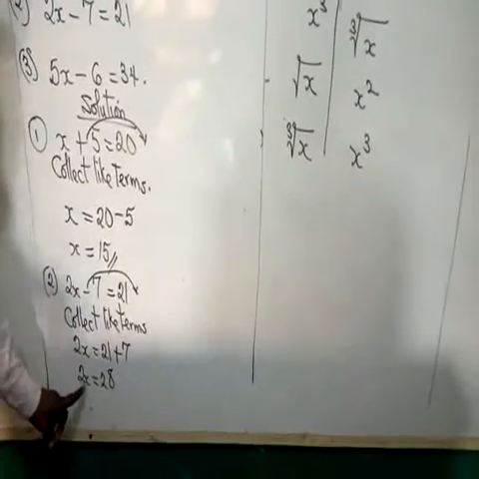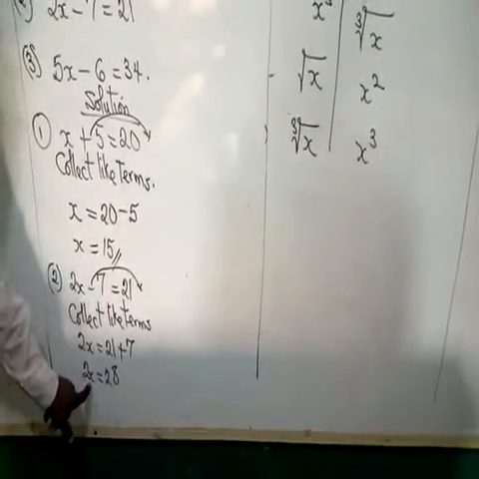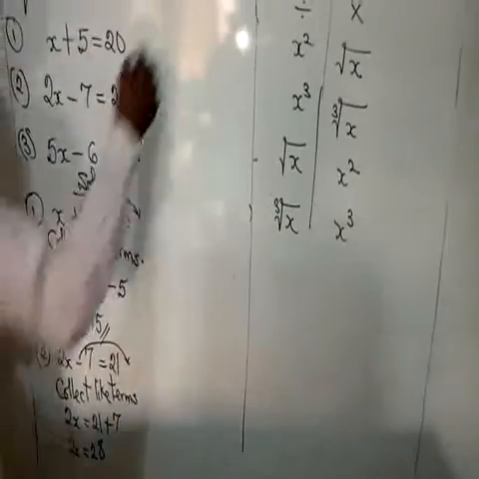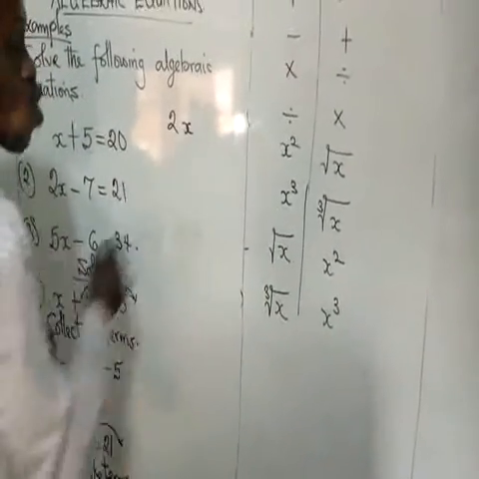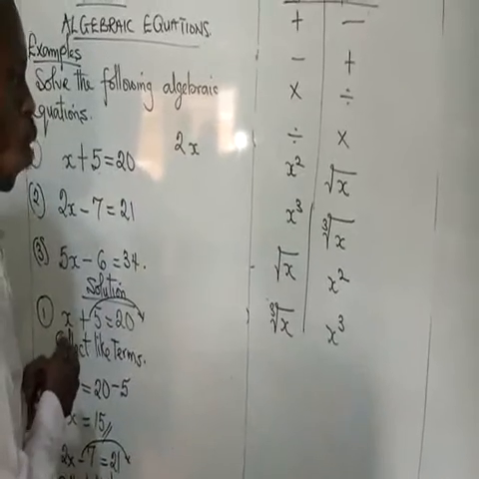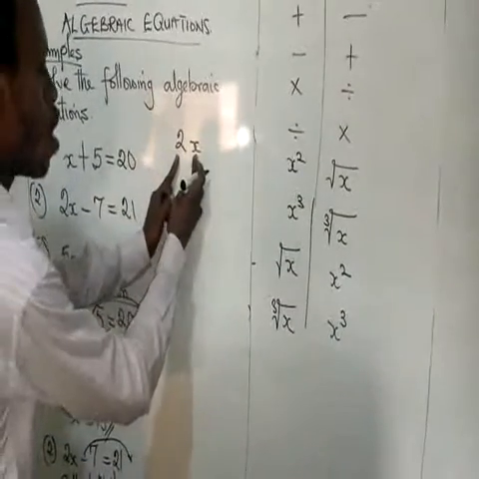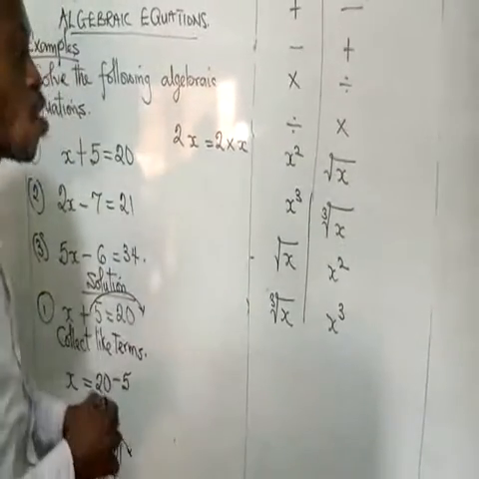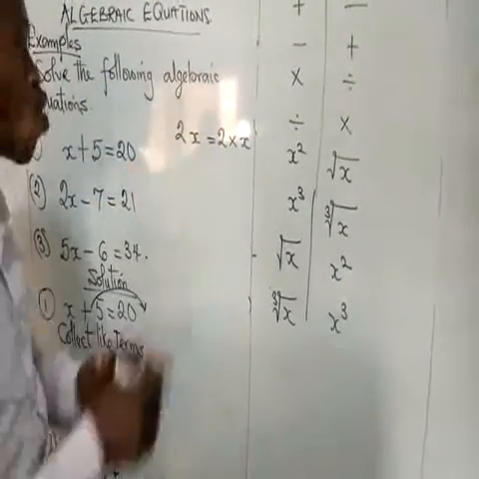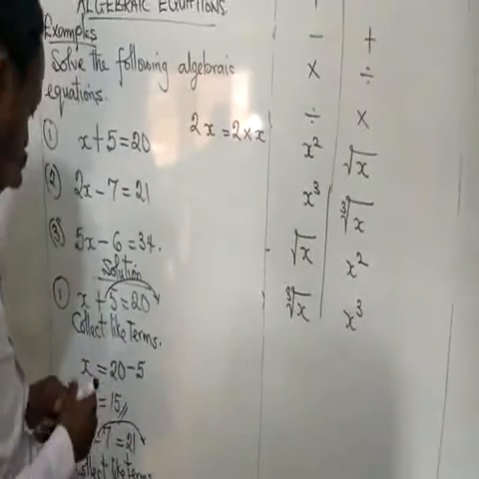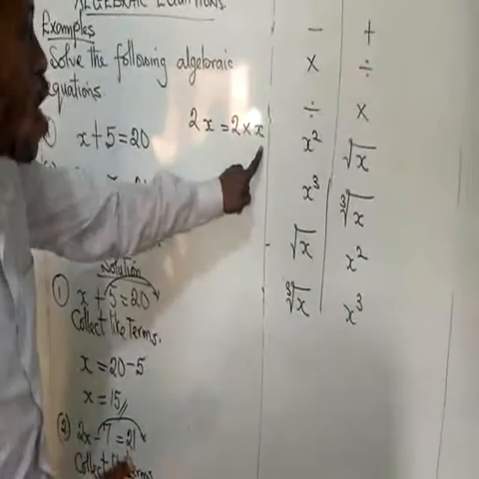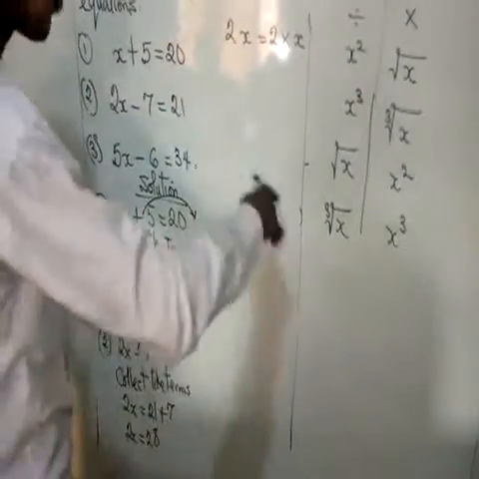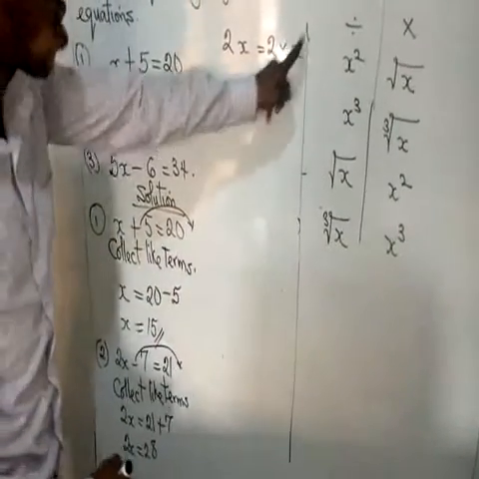Now, look at this properly. You have 2 beside x. Remember when I taught you previously, I told you that the moment you have a number and a letter joined together, it simply means 2 times x. When you multiply a number and a letter, you join them together. You understand? Now, 2x equals 28. The opposite of times here is what?